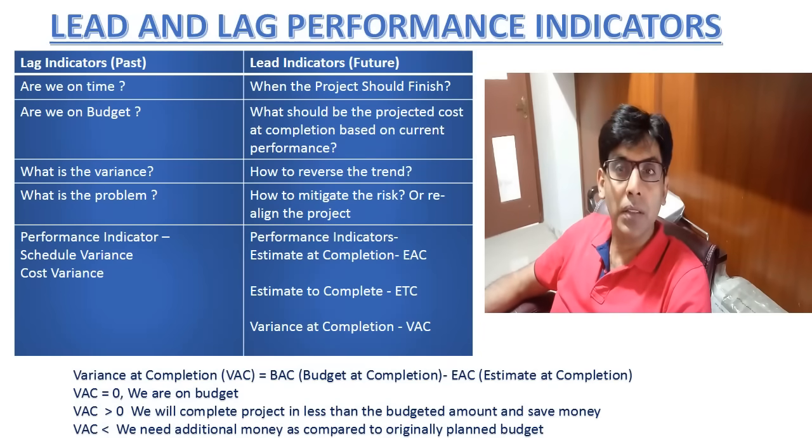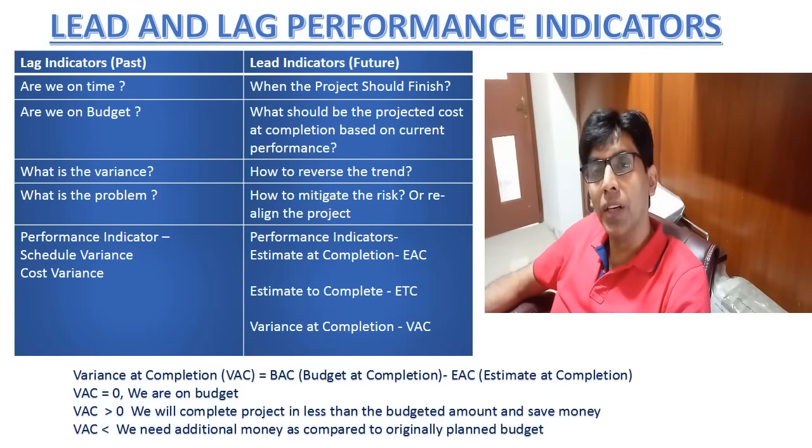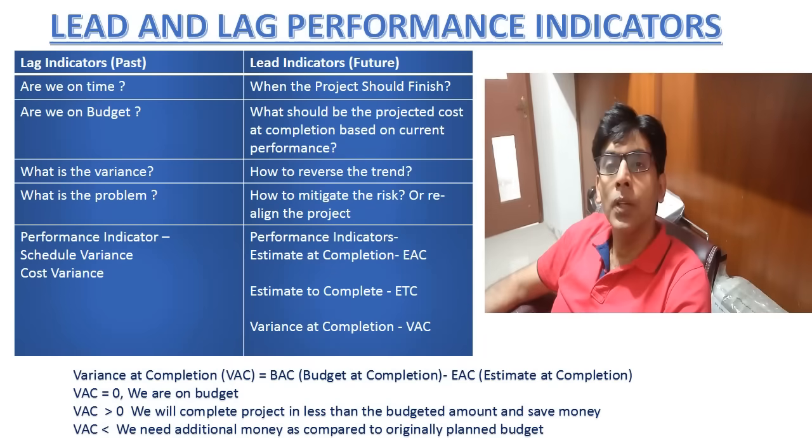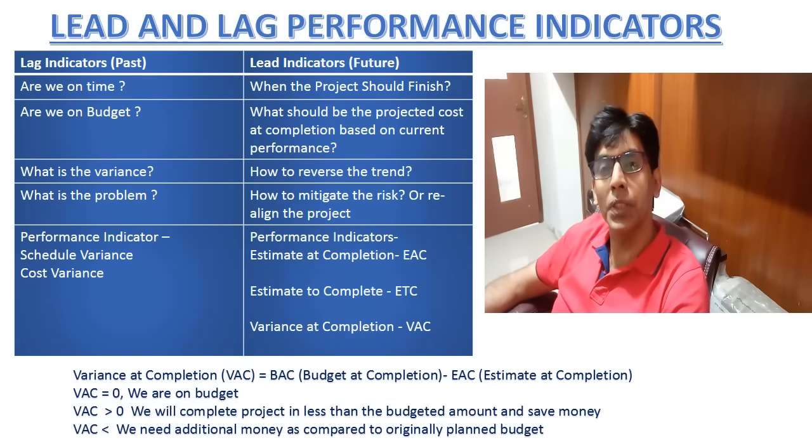Estimate to complete, that gives you information regarding how much money is required in addition to the actual cost incurred so far based on the current performance. Variance at completion, which is the difference between budget at completion, the original budget, and the projected cost at completion, EAC.